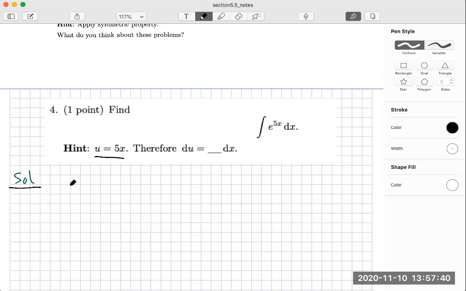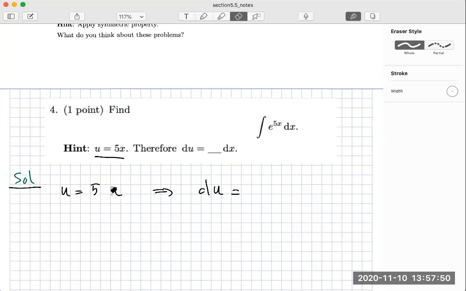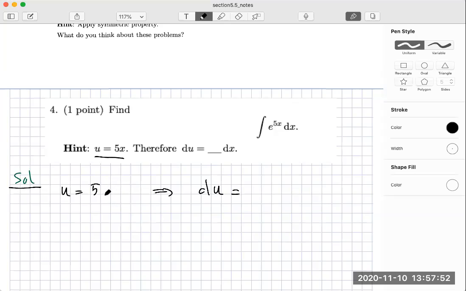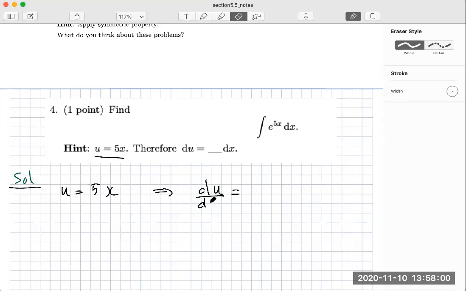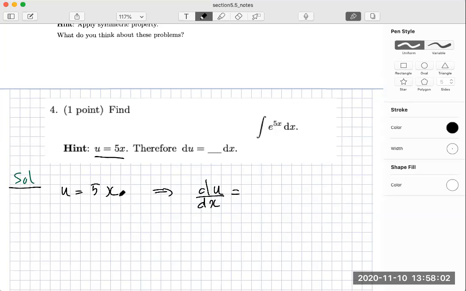In the hint, if you define u to be 5 times x, what is du? You compute du over dx, or you compute the derivative of both sides.